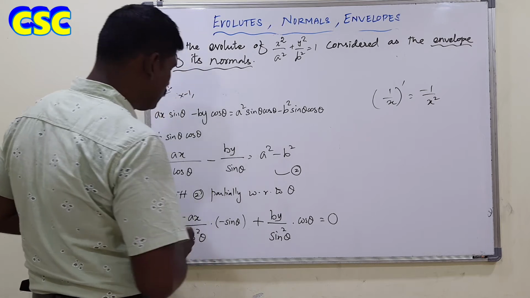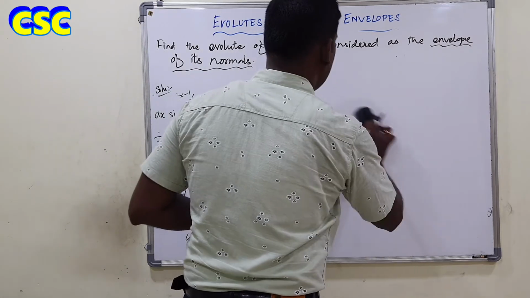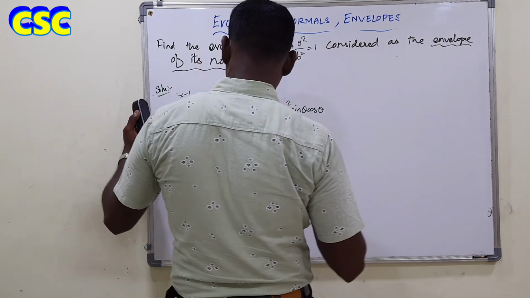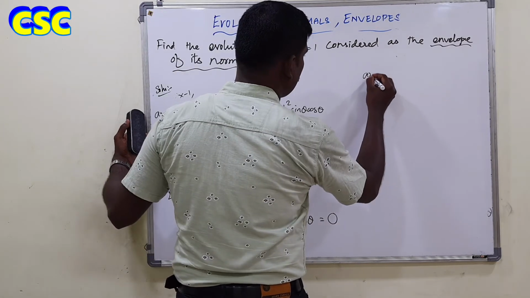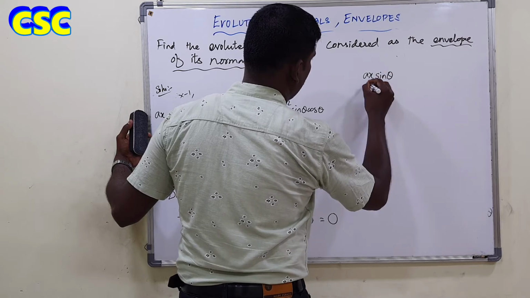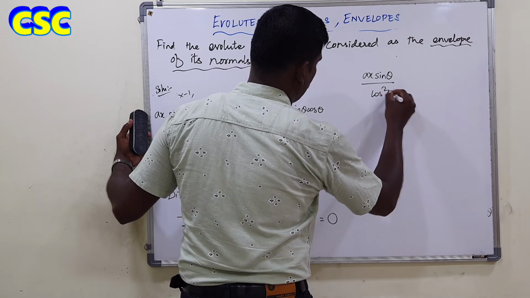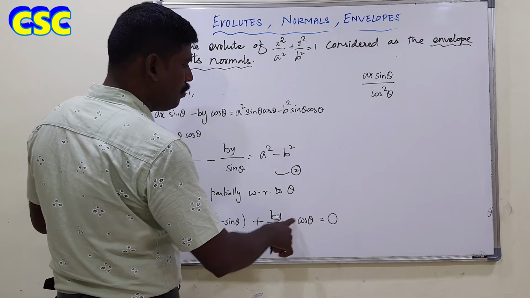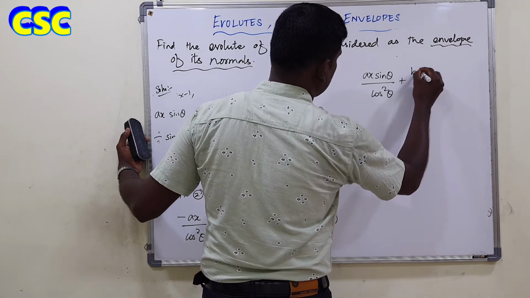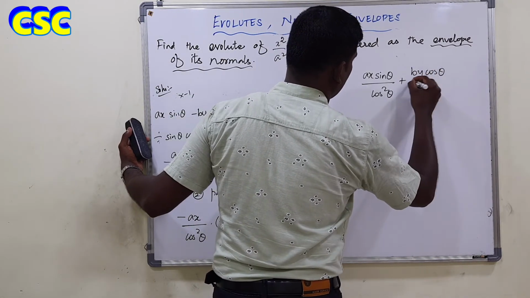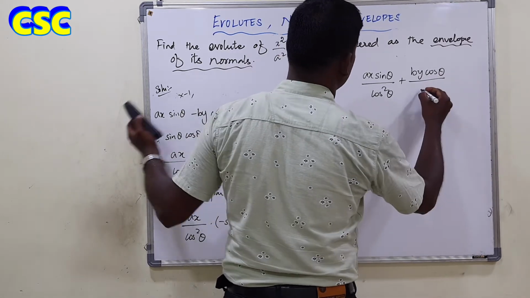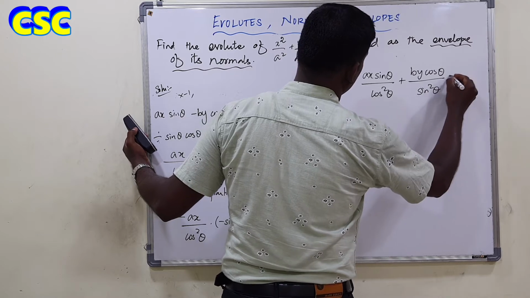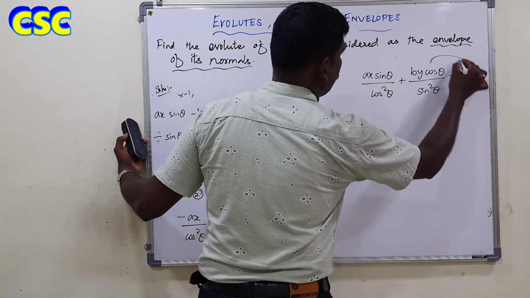Right? So plus ax into, simplify this, what will you get? ax sin theta by cos square theta plus by cos theta by sin square theta equals 0. I am taking this term to the right hand side.